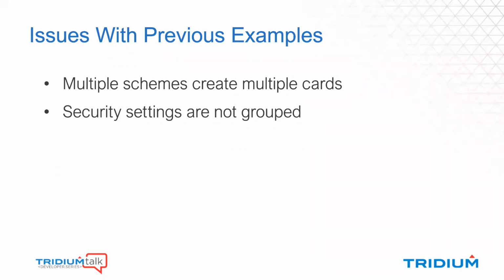In a way, that's nice because now each card is going to link straight back to the OpenID scheme that's causing the issue. But it's also not so nice because now all of your OpenID settings are scattered across a bunch of cards. And it's harder to see if you got it right. So let's see how we can use the security dashboard provider agent to create a single new card for OpenID Connect.